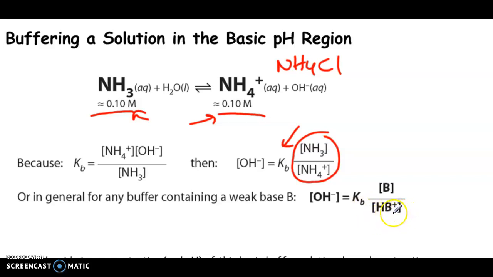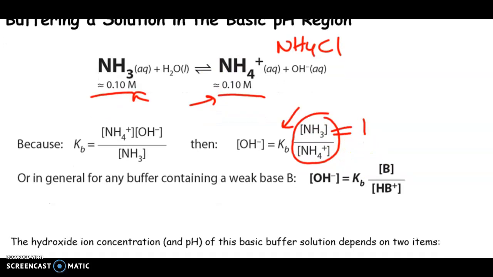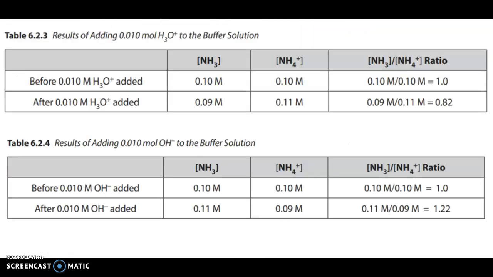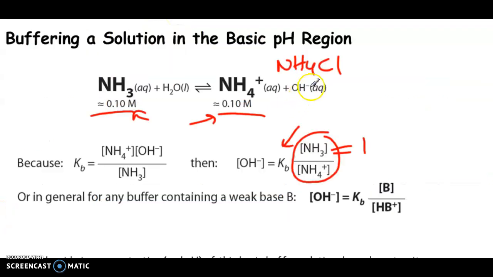So when we're looking at this, it's a similar thing. In this case, if we have equal quantities, this would have been the ratio equal to 1, right? So we're going to look at the same kind of scenarios. So here we have a situation where if you're adding in hydronium, it's going to react with the hydroxide.